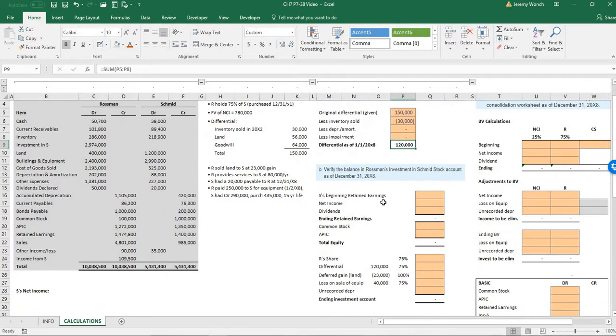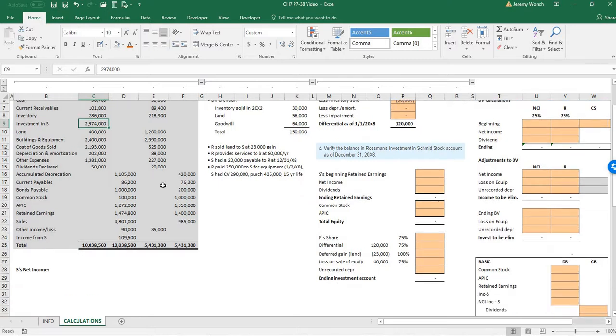Alright, so part B says verify the balance in the parent's investment account as of the end of the year. So over here in the trial balance, it gives us what the ending investment is. And so part B just wants us to figure out how we came to that number.